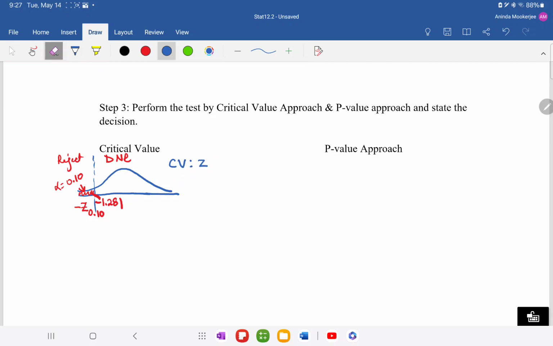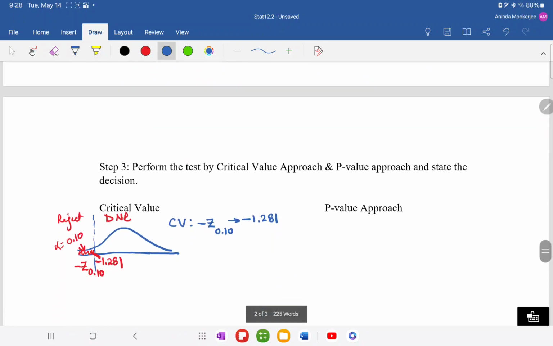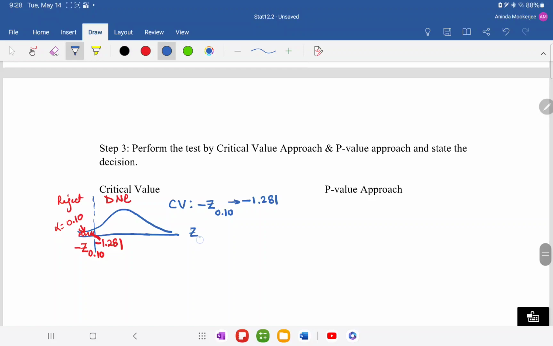Let's write clearly what the critical value is. The critical value is negative z of 0.10, which is negative 1.281. Now that we have defined our critical value, bring your test statistic value, which was negative 1.38. We see that z sub 0 of negative 1.38 is less than negative 1.281, the CV value, and it falls in the reject region.